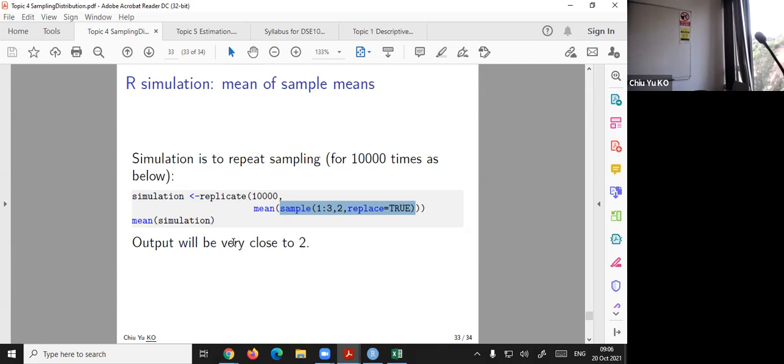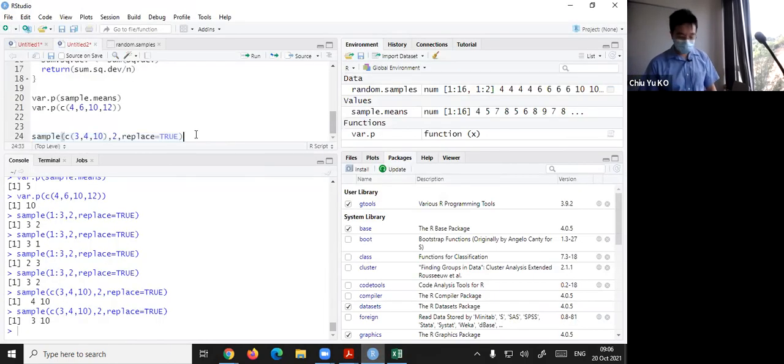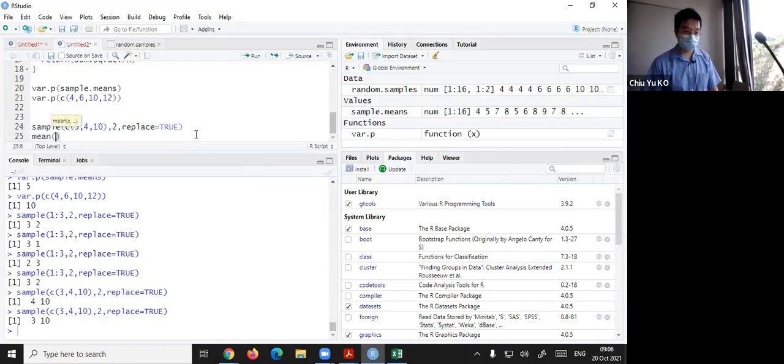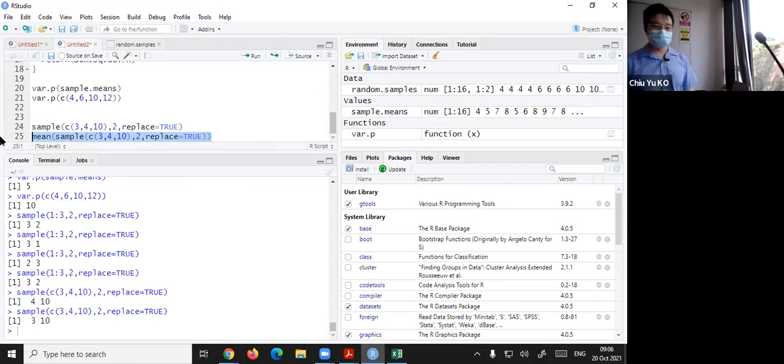Instead of just drawing the sample, we go one more step, the mean of this. This line means I have a random sample of 3 numbers, 3, 4, 6. I draw two numbers and calculate the sample mean. This need not be 2, it can be a big number, it doesn't really matter.